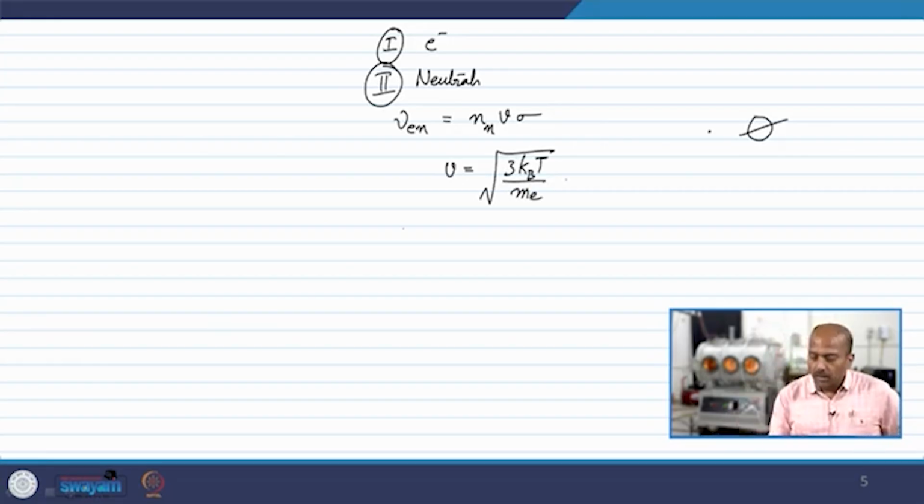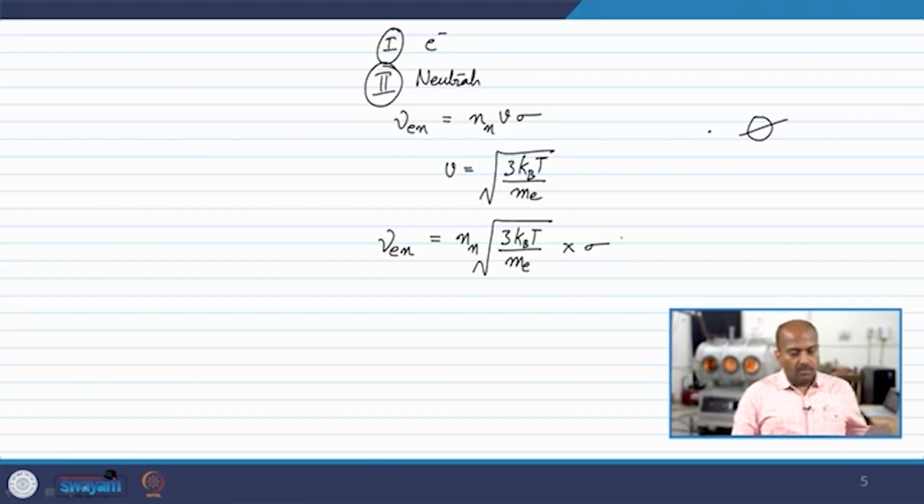So, we can write the collisional frequency of electrons with the neutrals as N_n multiplied by square root of 3 k_B T by m_e multiplied by sigma. Sigma is the cross section of the neutral atom.